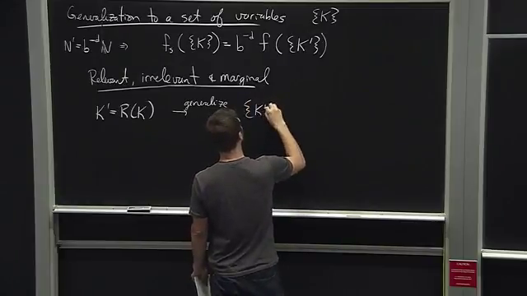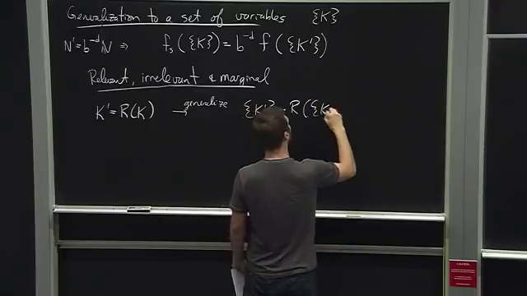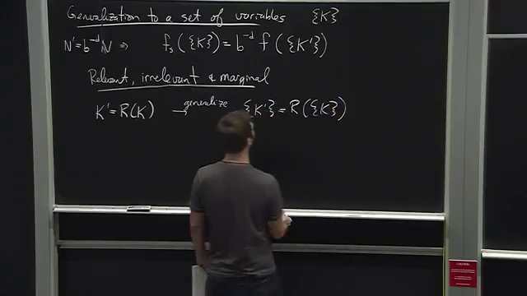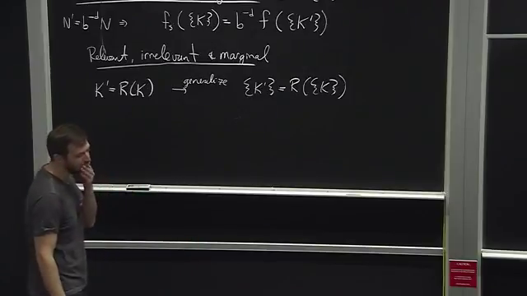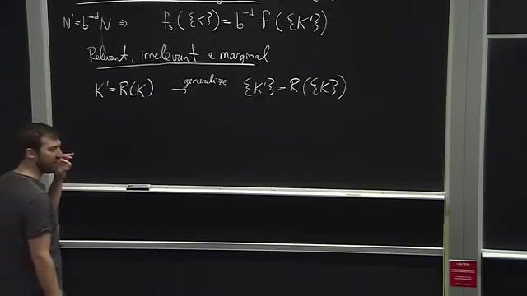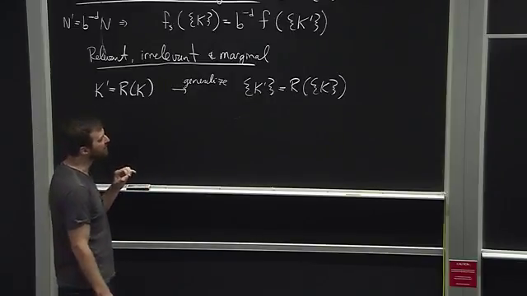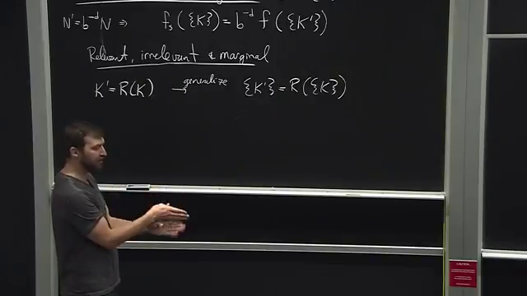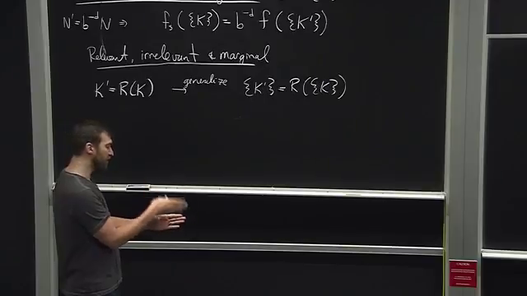Now we have a set of K, and again I'm including things like fields and so on. And so let's look at the linearized RG equation like we did for the single variable case, which means that we're very near the fixed point. So you're very, very near the fixed point, and you're doing the RG recursion.